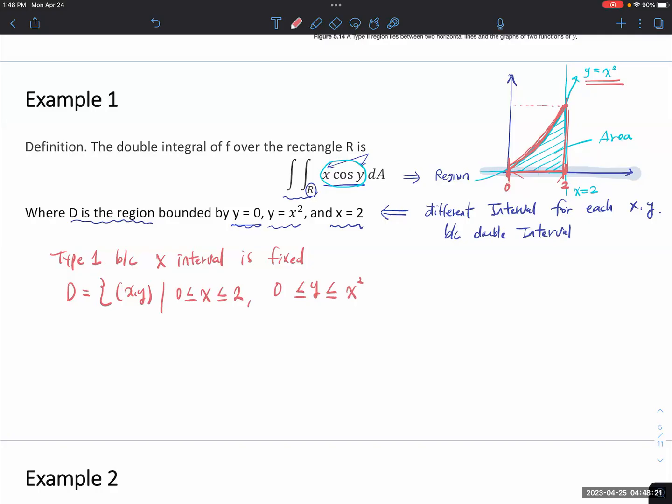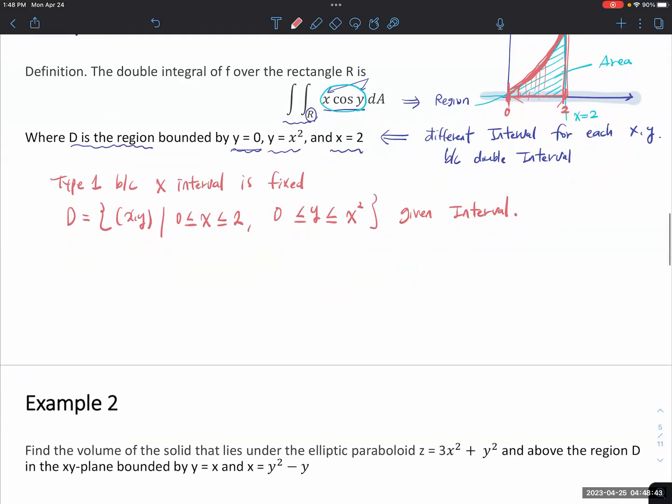If x is 1, it's going to be 1. If x is 2, it's going to be 4. So these are all the different heights based on the y interval. This is what I can set up. This is your given interval. So nothing is special. We got this.